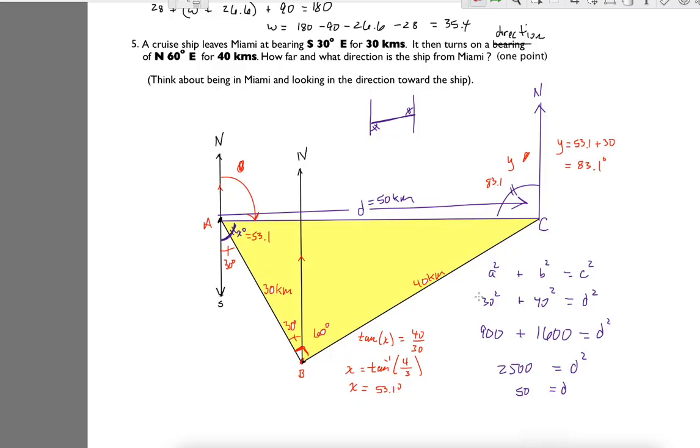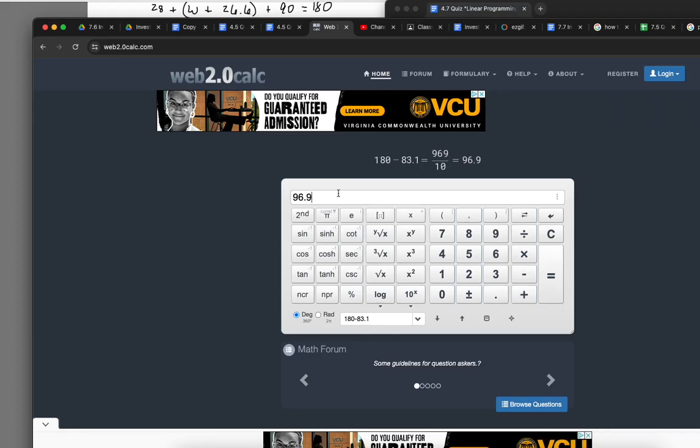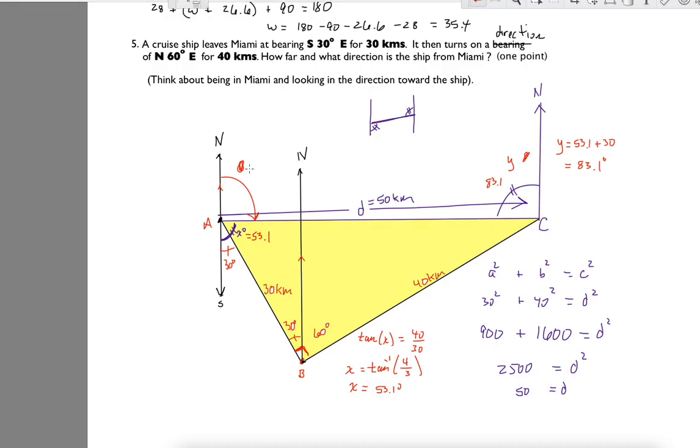Is that right? Yep, that'll do. 96.9. Okay, so this angle is 96.9. All right, so this angle right here is 83.1.